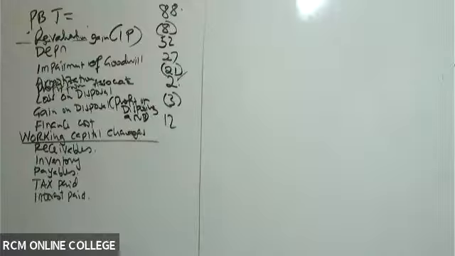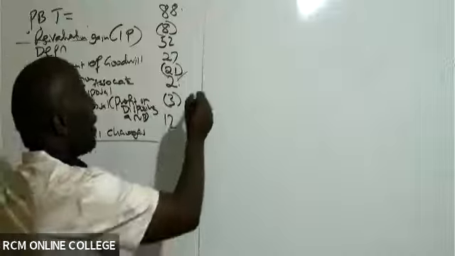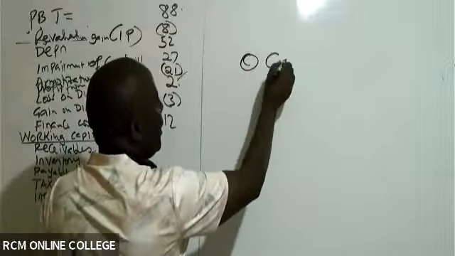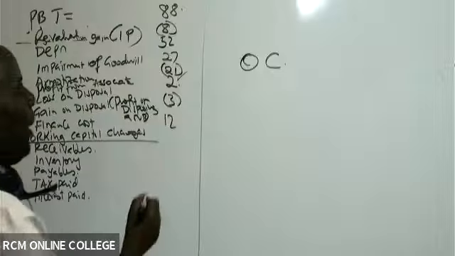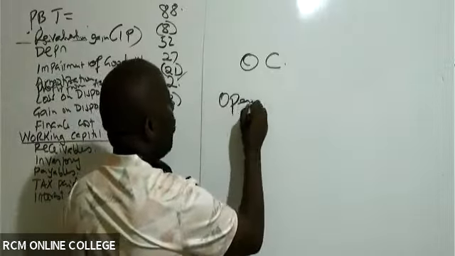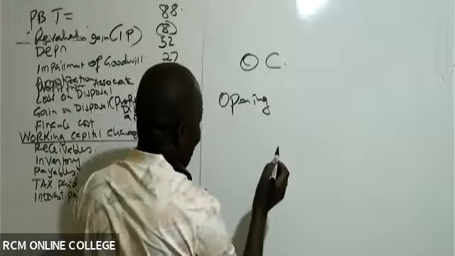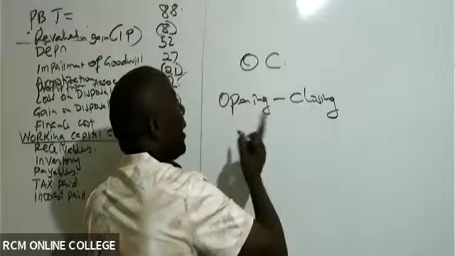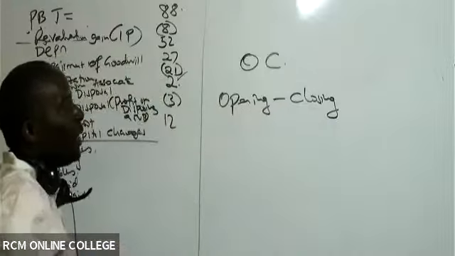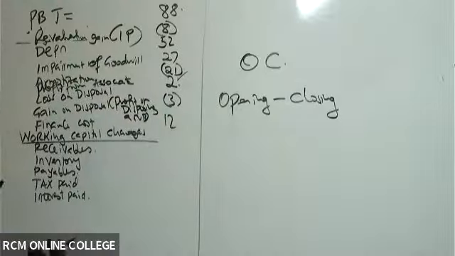So under working capital changes, we normally use the acronym OC. It is opening, not inventory, but opening minus closing. Anytime you have working capital changes, opening minus closing.